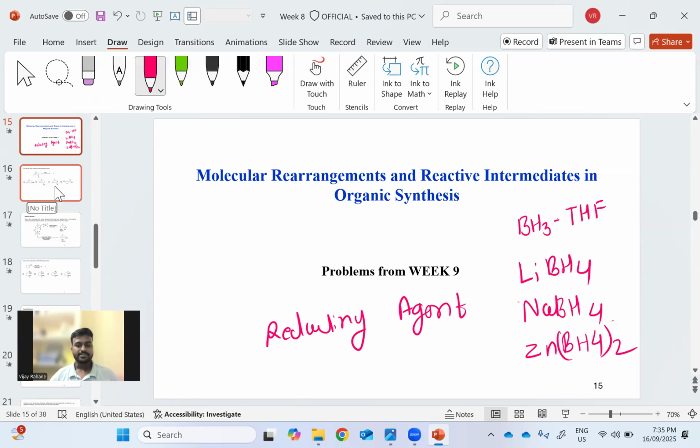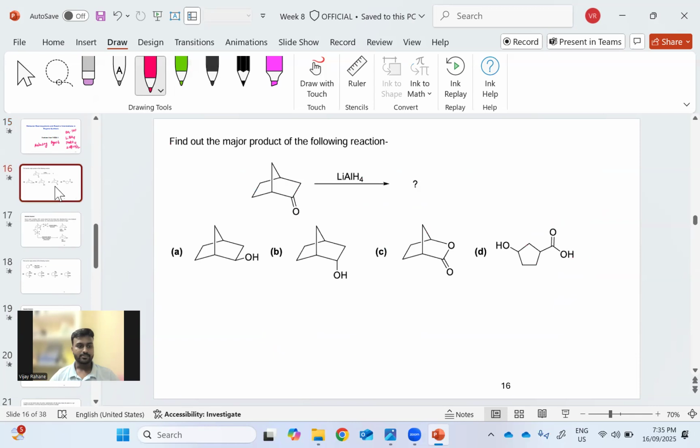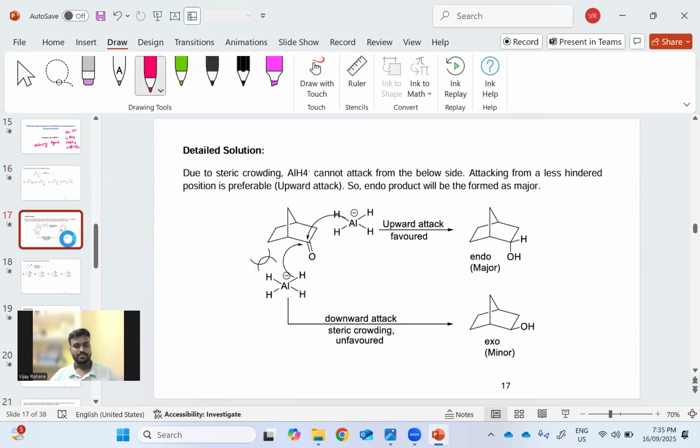That problem is basically based on week 9, not week 8. It will help you solve some advanced problems. I'm taking this problem to this week only, and next week we'll see some more problems overall based on week 8, week 9, or week 10. So we'll be ahead of the syllabus.